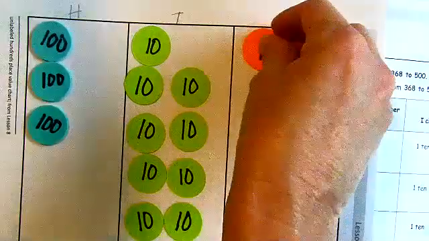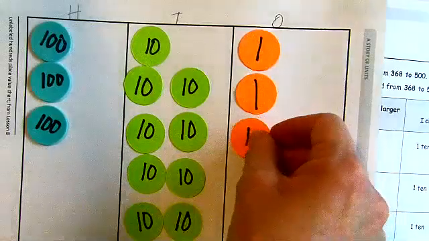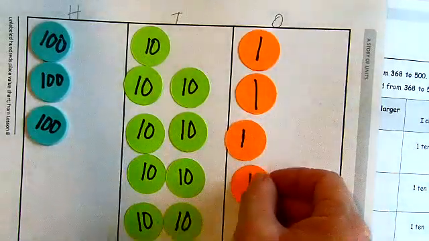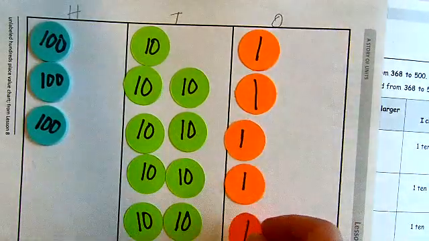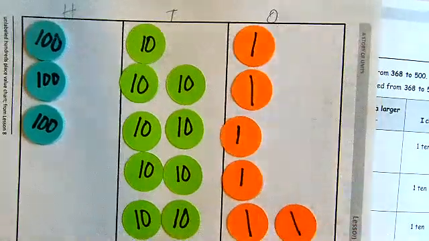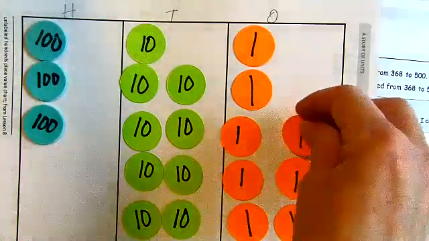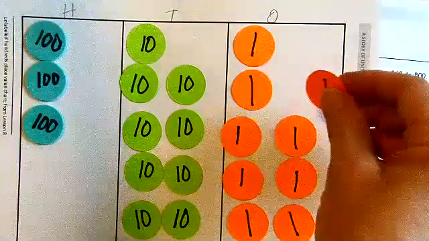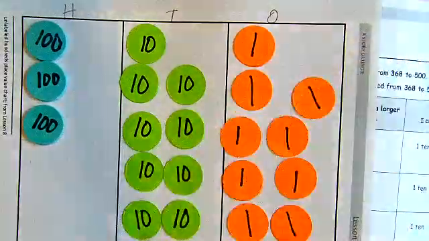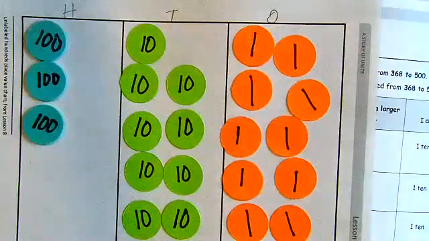391, 392, 393, 394, 395, 396, 397, 398, 399, 400.